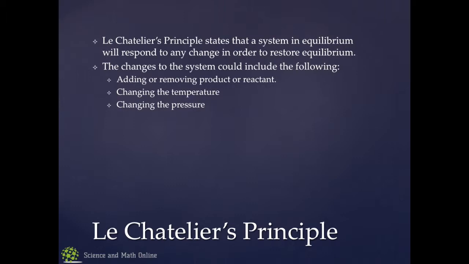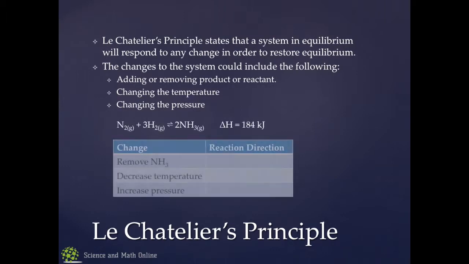All right, so let's look at an example reaction to see how this works. The way I like to think about this is that you want to look at how we need to make things equal again. You can think of it as things moving up and down, and then how do we need to move things to make them go back to being in balance. So, for example, if I remove some of the ammonia, the NH3, if I remove this side, then all of a sudden this side drops down.